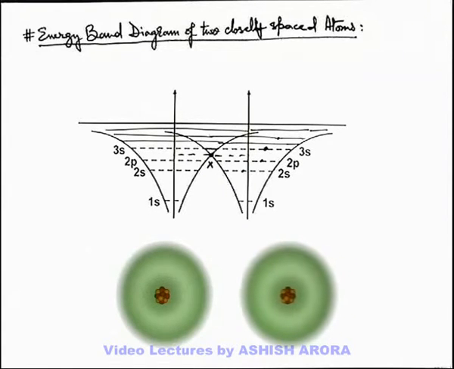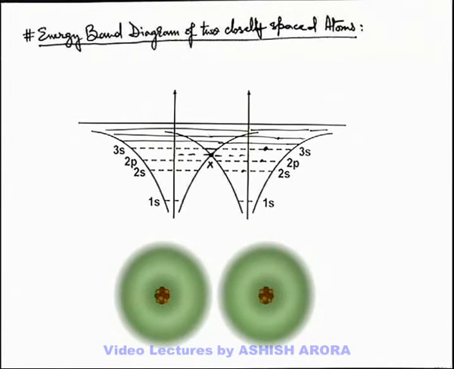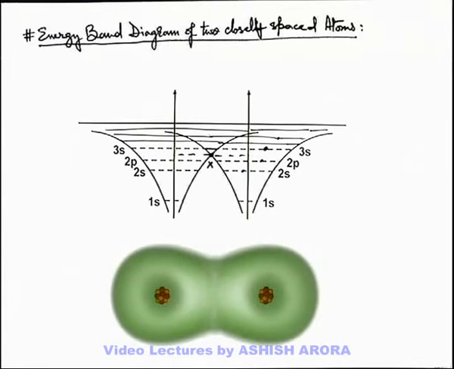And when these are getting close to each other, when the outer zone of their electron clouds starts getting overlapped, we can say a common cloud will be there in the outer zone of these two nuclei, and in the inner zone we can see that electrons in the lower orbitals, like which we have seen in the above figure, 1s, 2s or 2p, which are not getting overlapped, are associated with the individual nuclei.